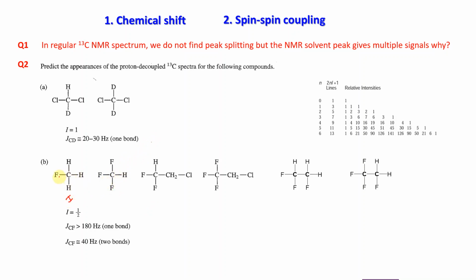You have 1 fluorine and 3 hydrogens, so it is fluoromethane, monofluoromethane. The J coupling, 1 bond is given as 180 and 2 bonds is given as 40 Hertz. So what will be the number of peaks you are going to get in this particular situation? Can you tell the 13C, how many peaks you are going to get for compound 1?